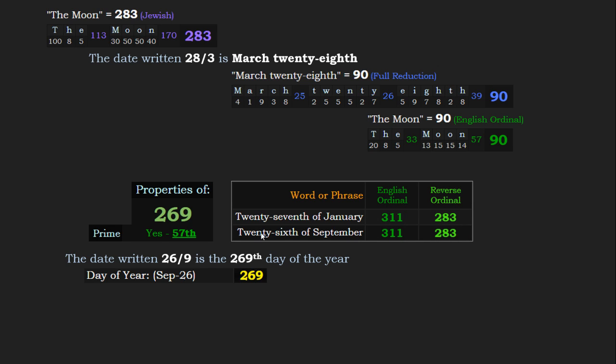When you write out 26th of September, in reverse, it sums to 283, just like 27th of January, the date written 1/27. You may also notice that I included the English ordinal value of these two dates, both of these dates summing to 311. I find this to be significant because the moon is approximately 3/11ths the width of the Earth.